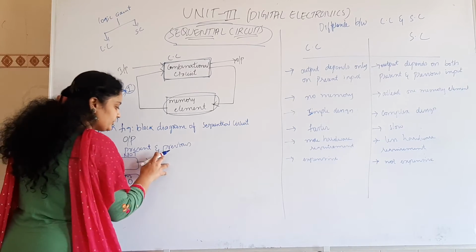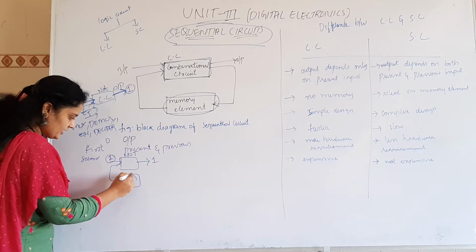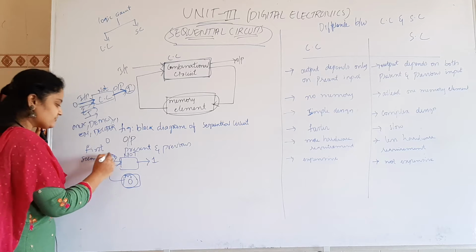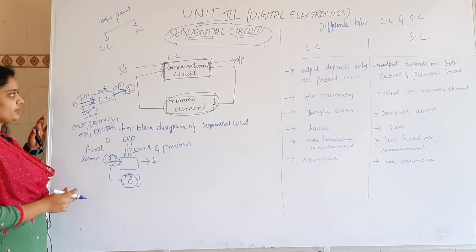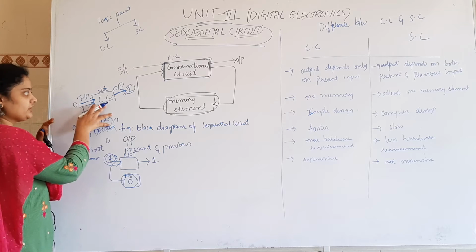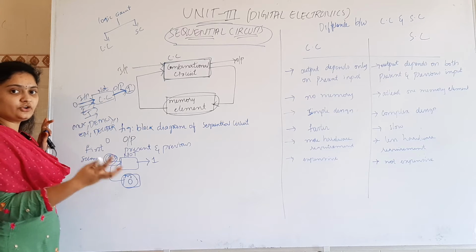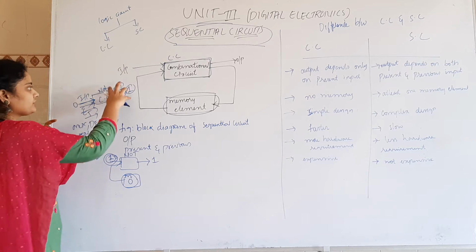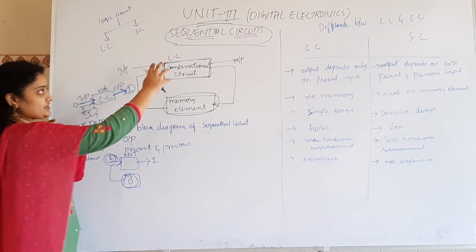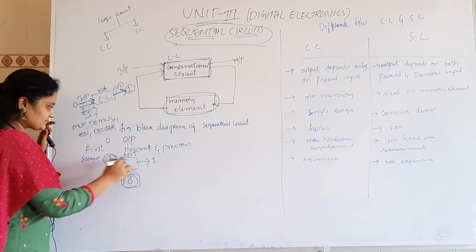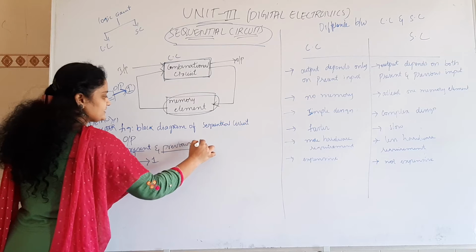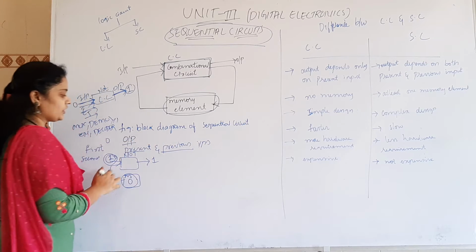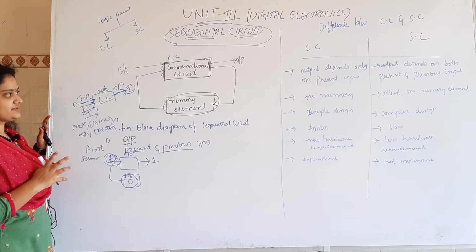So your output is going to be dependent on your previous input as well as your present input. Whereas in a combinational circuit, whatever present input you are giving, upon that only you get your output. When it comes to a sequential circuit, your output depends on present and previous inputs.